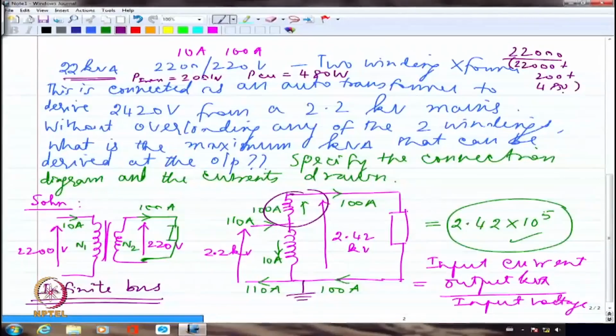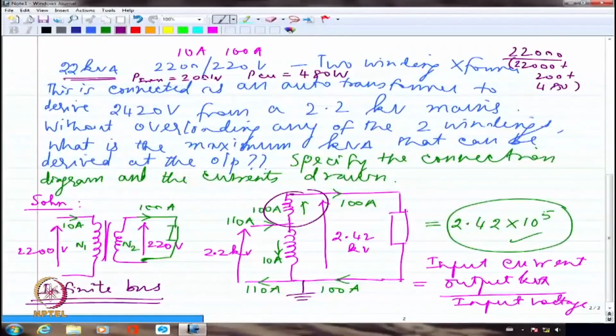When I am looking at the same thing as an auto transformer connection, the losses will not change. I hope you understand. We are still applying 2200 volts for the primary and I am having only 50 hertz. So the flux established is the same. And I am still drawing only 100 amperes of current from the secondary and 10 amperes I am supplying to the primary. So the copper losses will not change. But the output power has multiplied by a huge factor.